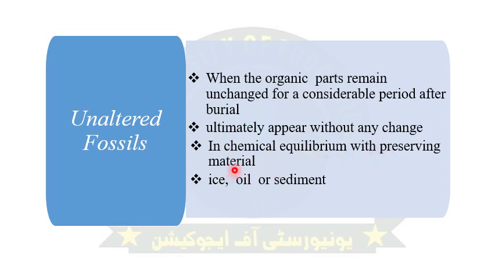The body of the organism which is going to be fossilized is in chemical equilibrium with the preserving material, and the preserving material can be ice, oil or sediment. Among these, the preserving material can be one of these three mediums which help to preserve the fossil in its unaltered form.